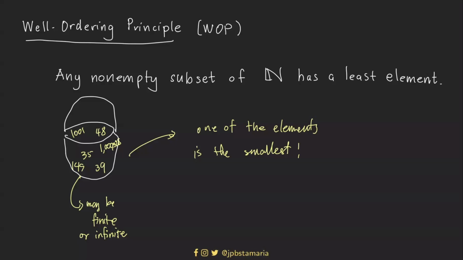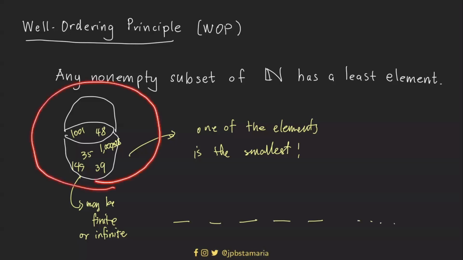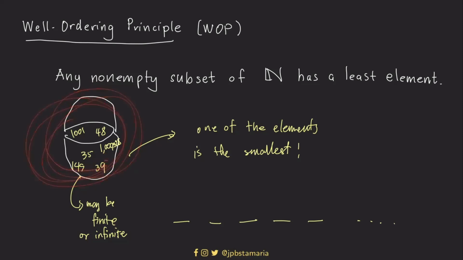Alam nyo, reason bakit yan tinawag na well-ordering principle ay ganito. Now, let's say ito yung bucket of integers mo. Sabi ng WOP, isa dito ang pinakamaliit. Kunin mo yung pinakamaliit na yon at ilagay mo dito sa pila.